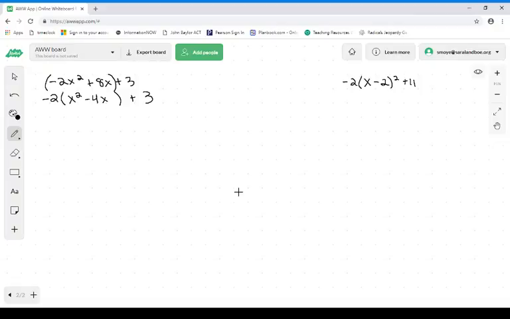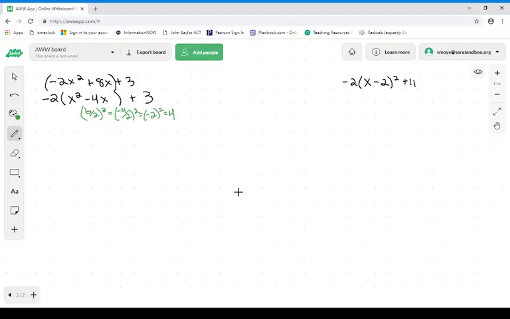What I want to do now is create that perfect square trinomial inside the parentheses. So I want to take b divided by 2, squared. In that case, it is negative 4 divided by 2, squared: negative 2 squared, which is 4.